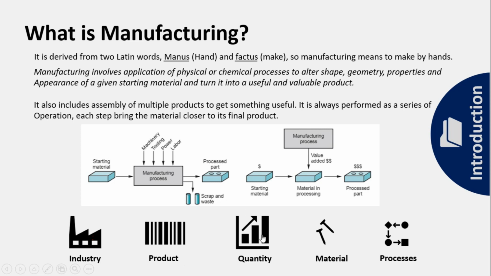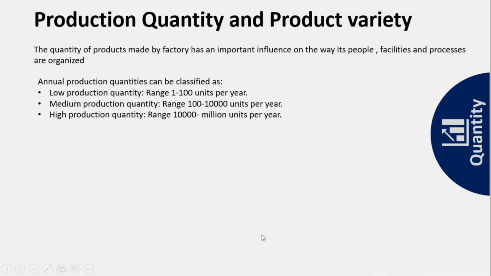You will identify what is the quantity of that one. So this industry can be classified based on the quantity of products or the variety of products that are being manufactured here. The quantity of product made by a factory has an important influence on the way its people, facilities, and processes are organized. Right? Let's suppose a large aeronautical complex makes only 2 aircraft per year.